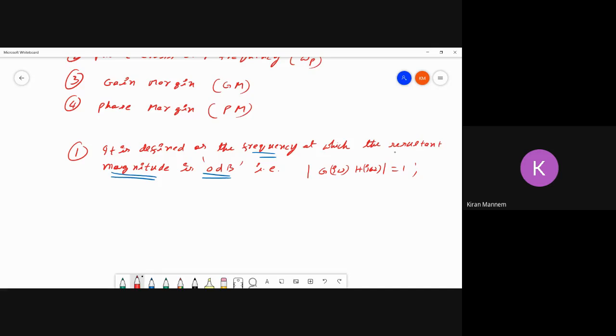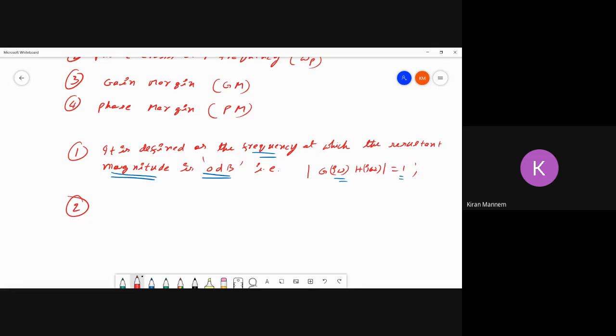So this is the definition for gain crossover frequency. So second one, very important here, magnitude. So it is defined as the frequency. Remember, it's all frequencies: gain crossover frequency, phase crossover frequency.